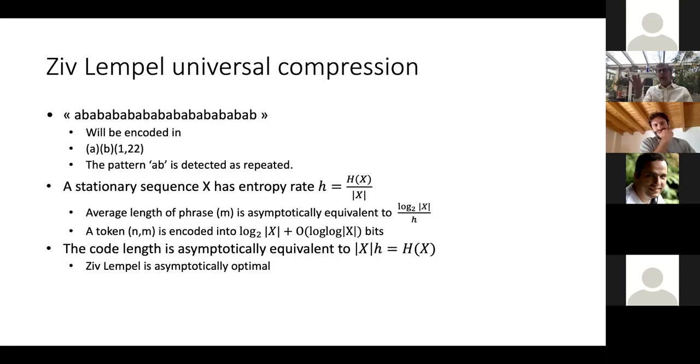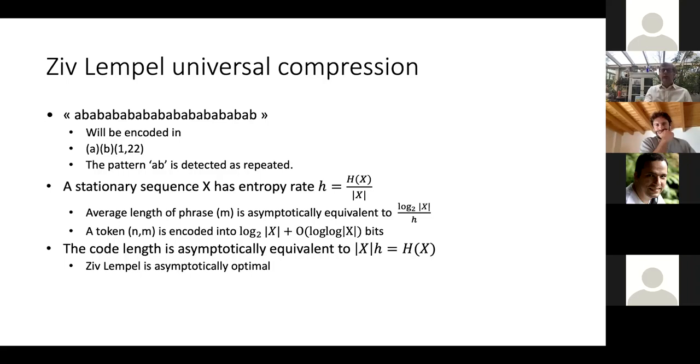Basically, when you have a text and you want to see the size of the largest copy, when you have just a prefix of the remaining text, you want to find which one has the largest copy in the body of the text. The length of the phrase, which will be used for the token, is asymptotically equivalent to the logarithm of the size of the previous part of the text divided by the entropy rate. Therefore, the token is encoded.